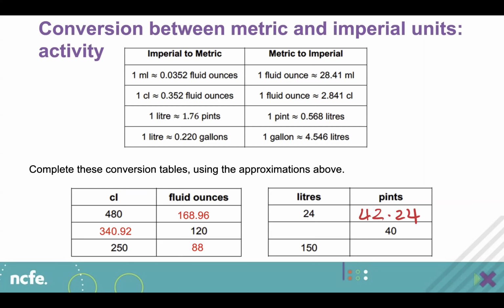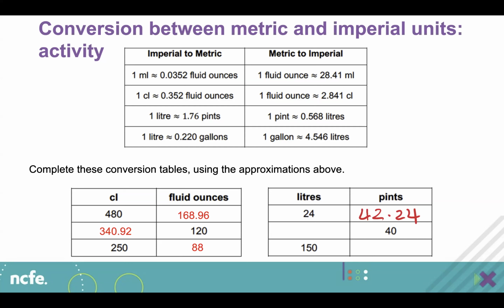So 40 pints is equal to 40 divided by 1.76.